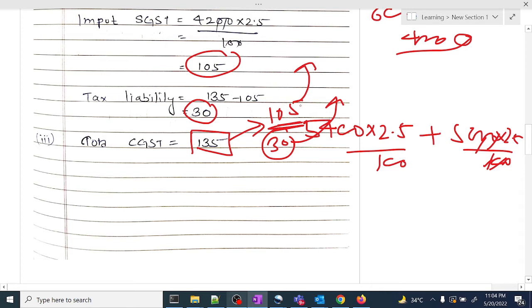The central government will receive 105 from the wholesaler, then the 30 rupees the dealer will pay, so total 135. Whatever the consumer is paying, that is the amount that will go to the central government. So in total 135 is the amount that the central government will receive as tax.